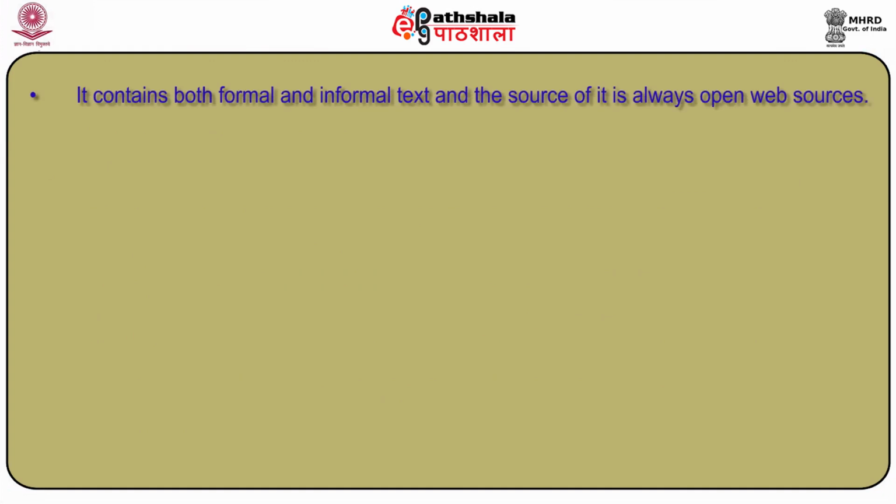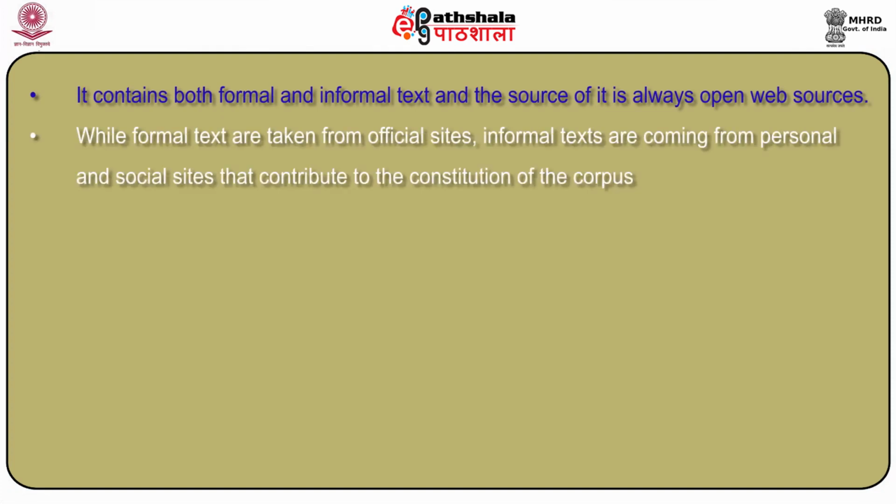It contains both formal and informal texts, as the source of data is always open web sources. While formal texts are taken from official sites, informal texts come from personal and social sites that contribute to the constitution of the corpus.